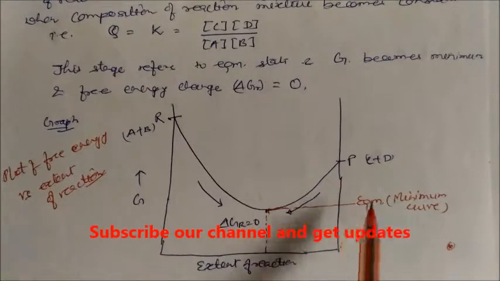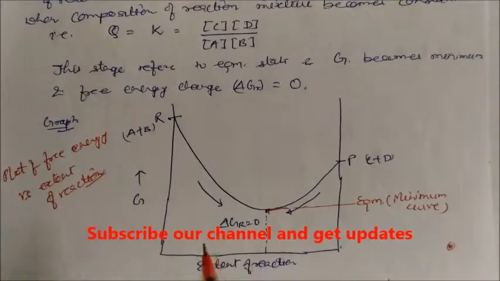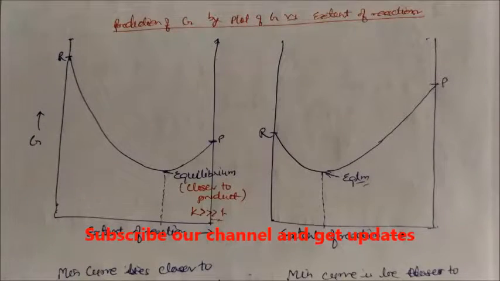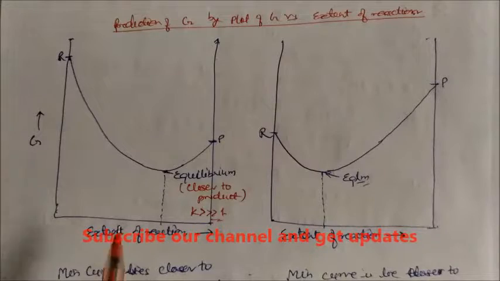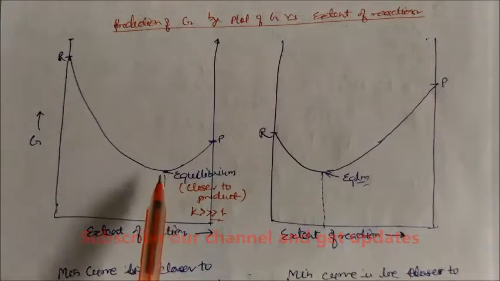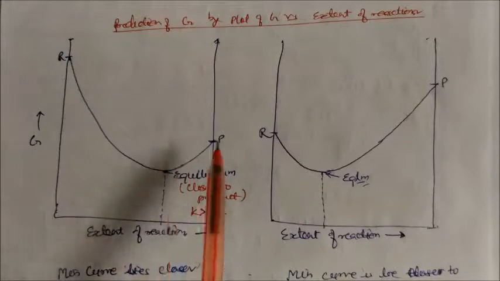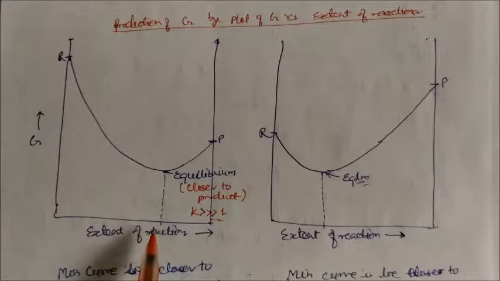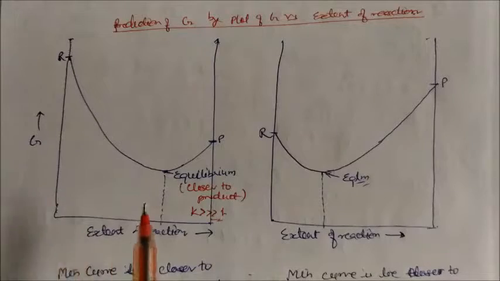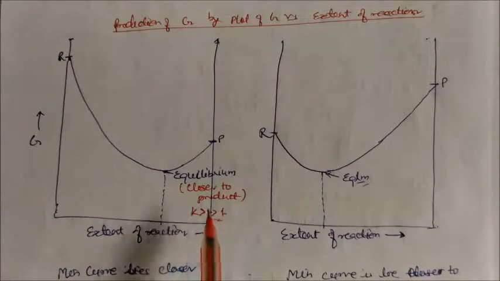And this is the equilibrium, the minimum of the curve. We can draw that curve in two different ways. In one, the minimum is on this side, so the equilibrium is close to the product side. This means the extent of reaction is going in the forward direction, so the value of K will be more than 1.